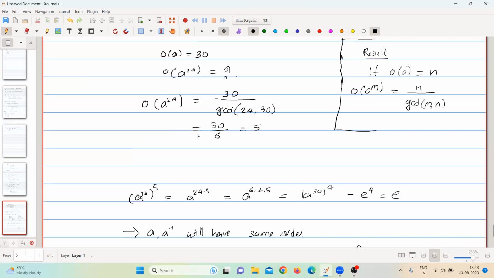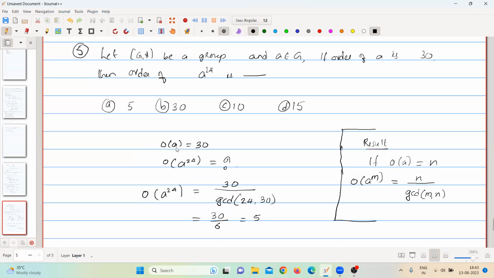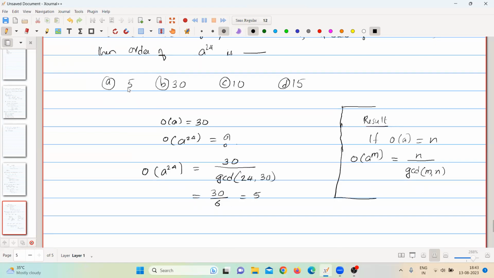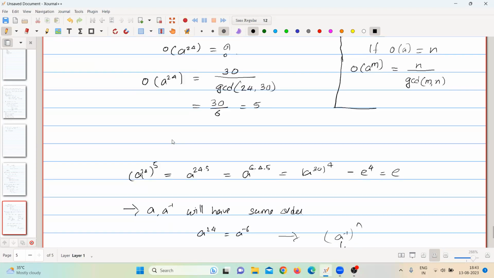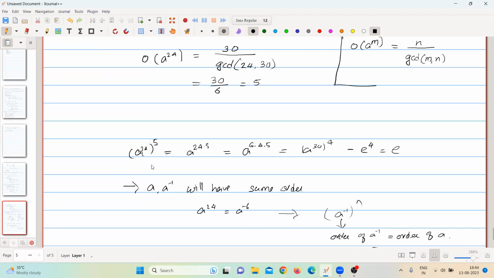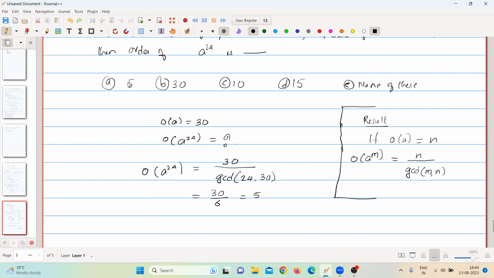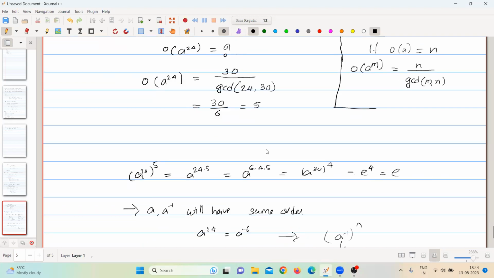So basically what I will suggest is just go through this formula only, because here you have given us 5, 30, 10 and 15. Suppose we have one more option E, none of this. In this case also, we can go option by option, because a power 24 power 5 also we are getting as identity.